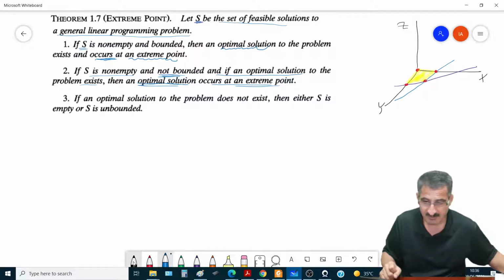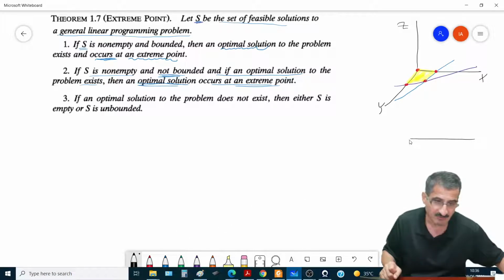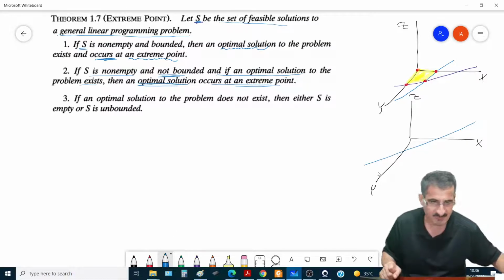Let me make a graph for a non-bounded convex set. We might have the first half space on this side, and the second half space on this side.